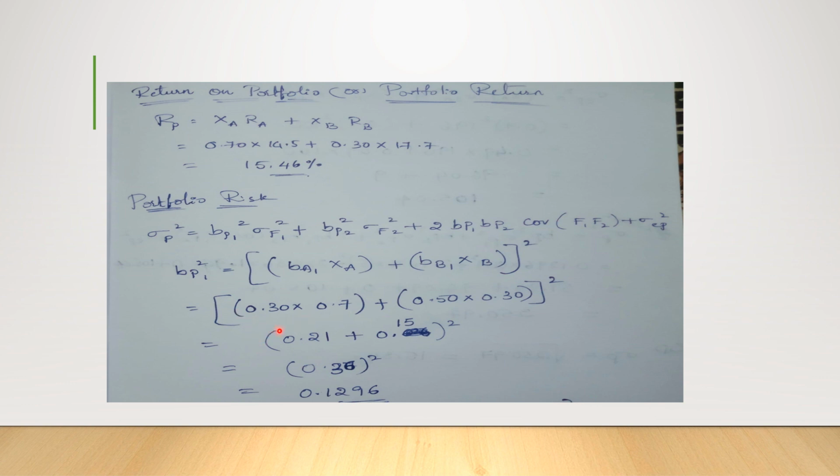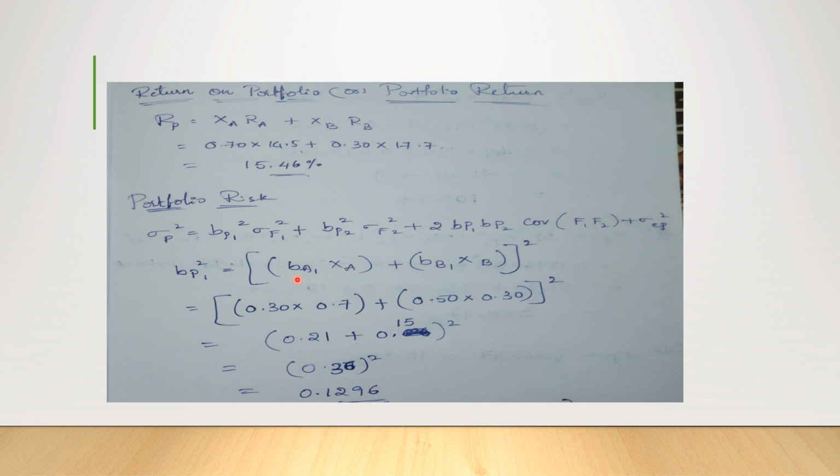Now you have to find the standard deviation also. So for portfolio risk, put in the formula. The SD of factor 1 and factor 2 are given. You have to find the sensitivity of the portfolio. So BP1 is the individual sensitivity into the portion invested. Proportions are given, so you have to multiply.